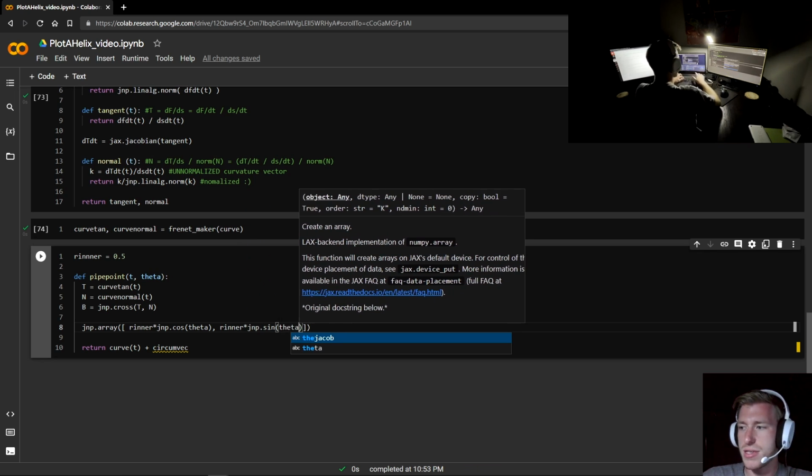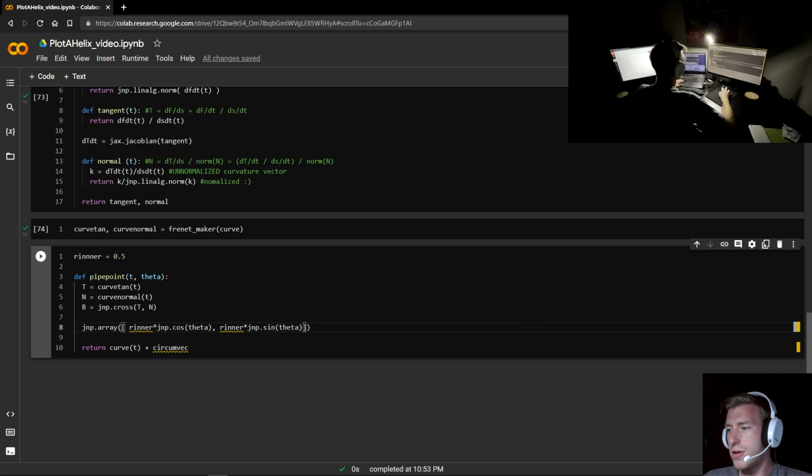Since this is an array, I could theoretically put the radius outside, multiplying the array, but I don't want to, because it keeps it straighter in my head that I'm multiplying the radius times the x coordinate and the y coordinate.